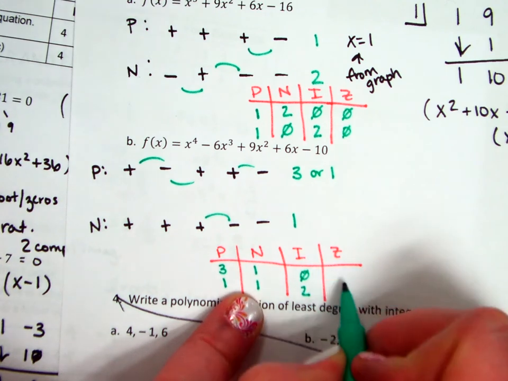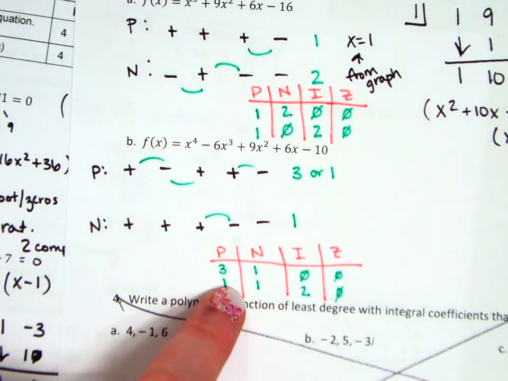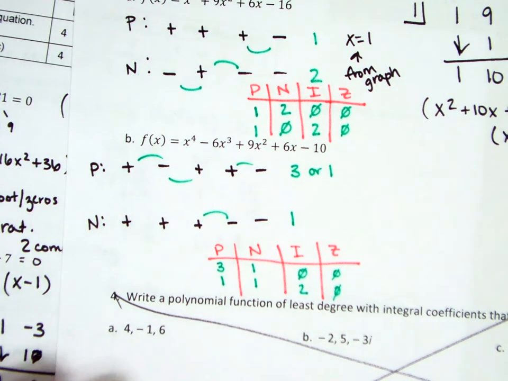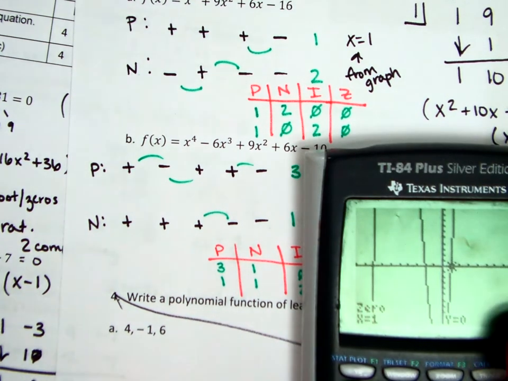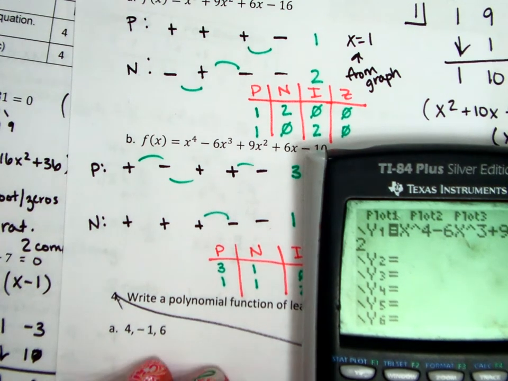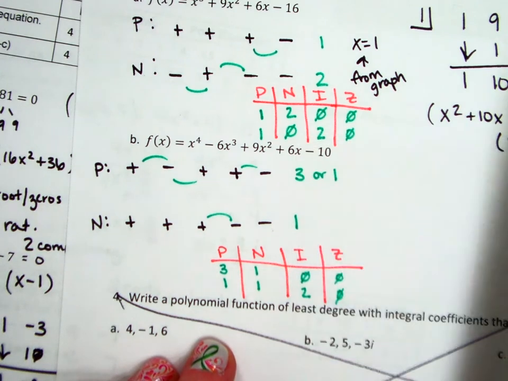And then 0, 0. So it's either going to be 3 positive answers, or 2 answers that are real with 1 positive, 1 negative, and then imaginary. So what I like to do, once again, go to our calculator, put it in the calculator. I'm just going to clear that out and go x to the 4th minus 6x cubed plus 9x squared plus 6x minus, and I want to say it was 16, nope, minus 10.